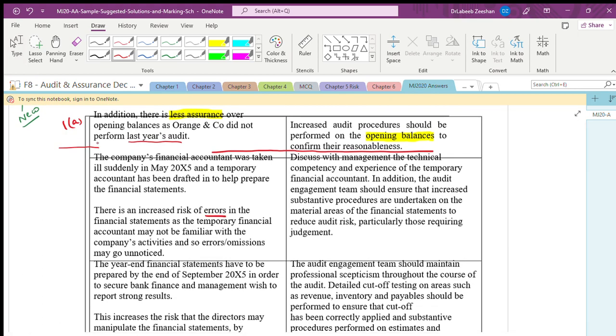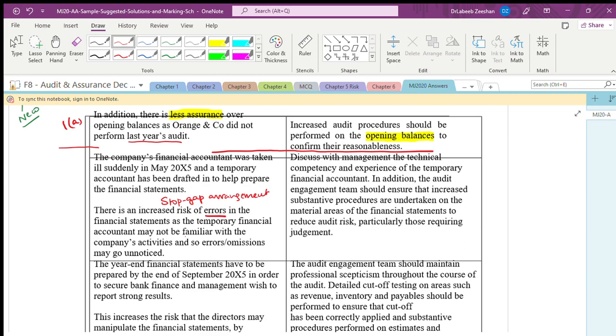Temporary means definitely they will not have that much responsibility, because it is not a stopgap arrangement. As the temporary financial accountant may not be familiar with the activities, errors and omissions will go unnoticed.